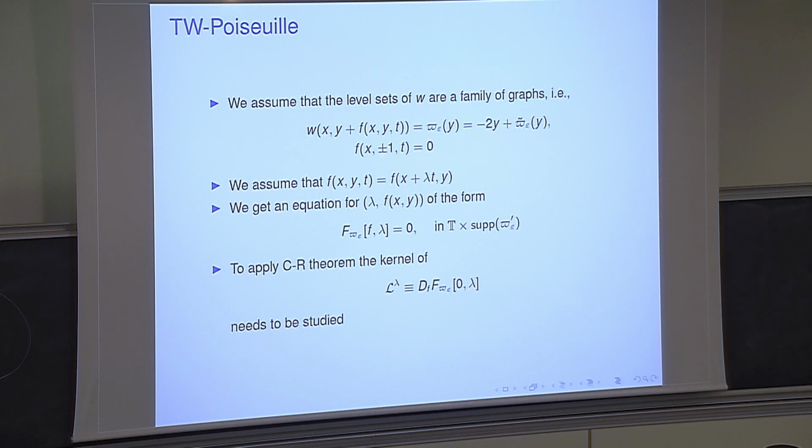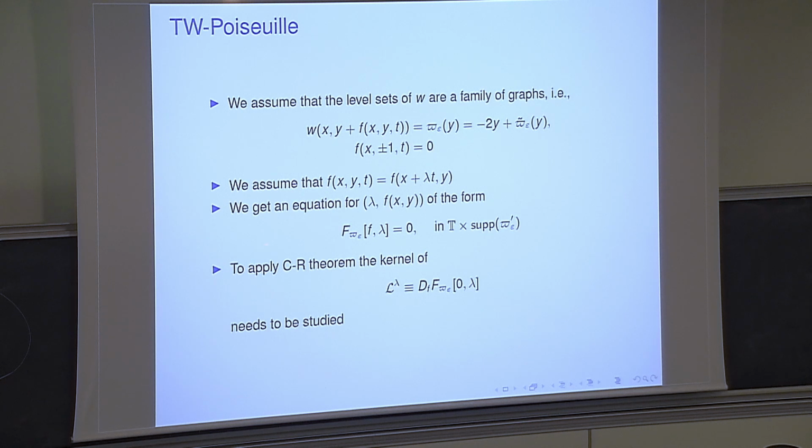In this case, we also have to add some boundary condition for the family of graphs f, because you don't want to move the boundary. We also assume that the family f has this form, so the time dependence is like this.